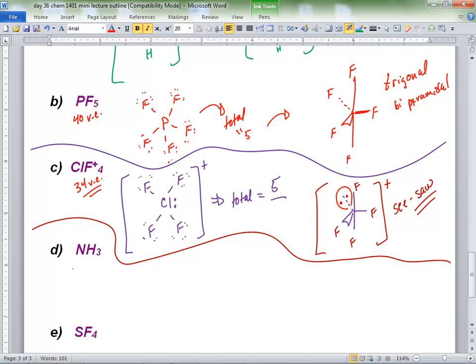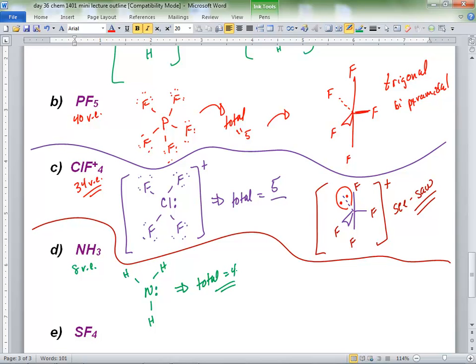On D, number 8, so let's see. Yeah, you do have a lone pair on that nitrogen. So the number of things surrounding that center atom is going to be 3 hydrogens and 1 lone pair. So my total is going to be 4. So draw the 3D shape for 4.